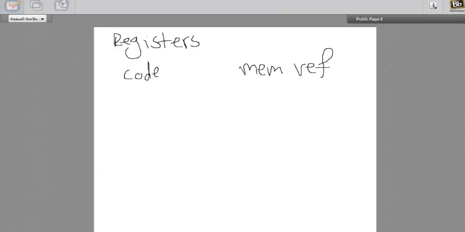Again, same equation. If you remember, x equals x times y, I think, plus w minus z. Now we need to move x to R1, which means the register R1.